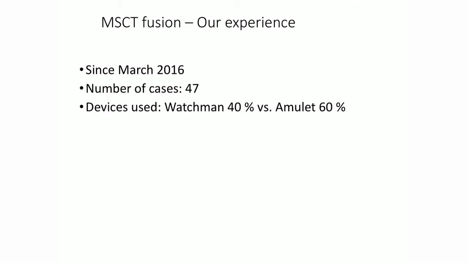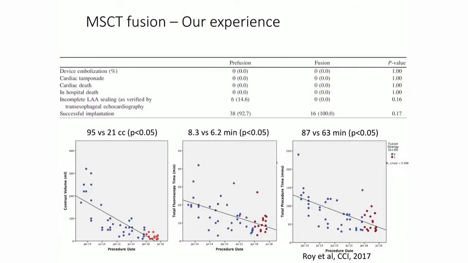So looking at our own experience now with the MSCT fusion technology, since March 2016 in our center in Massy, we've performed now over 50 cases. About 60% of the cases were performed with the Amulet device and 40% with the Watchman device. So this slide here is a paper describing our initial patients, the first 16 patients with the fusion.